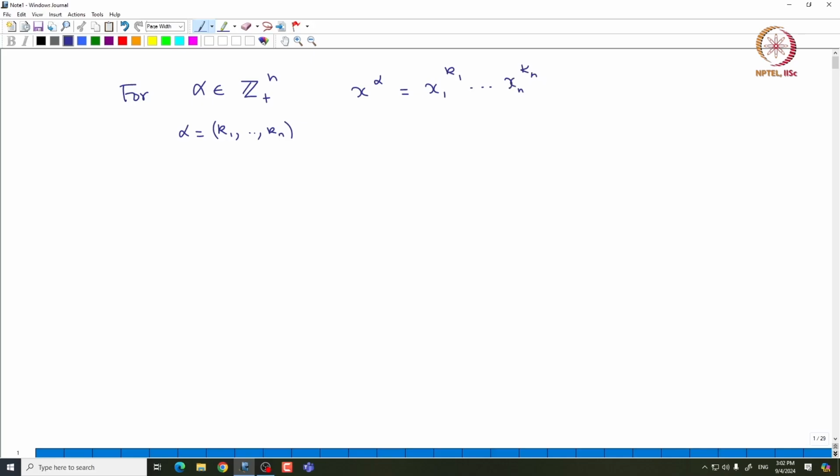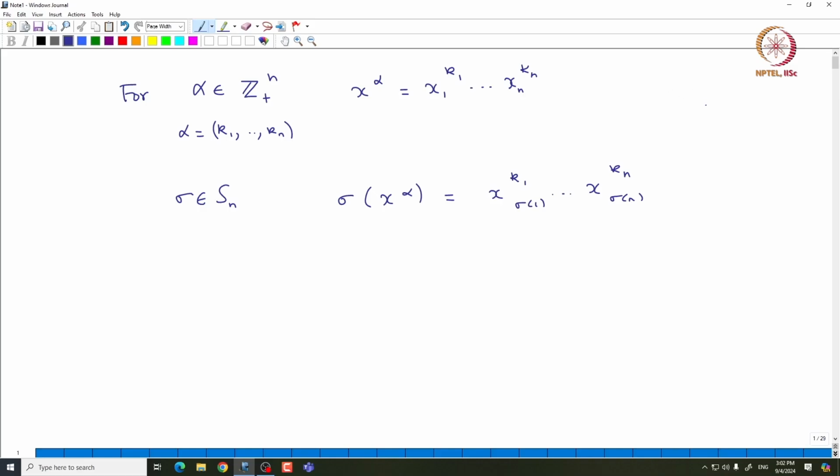Now if we use this notation, how does a given sigma in Sn act on this x power alpha? Sigma acting on x power alpha is given by just permuting the variables and keeping the exponents as they are: x sigma 1 power k1 etc. x sigma n power kn. This is indeed consistent with the action that we have on the epsilon i basis.